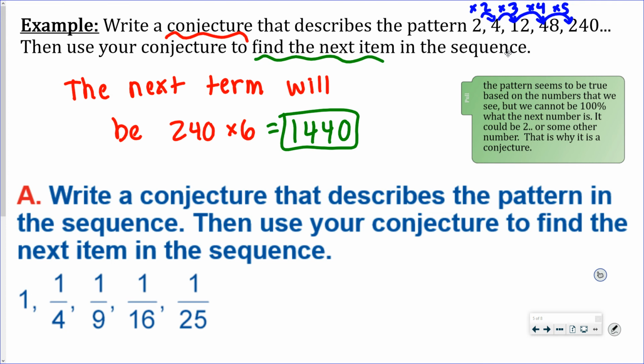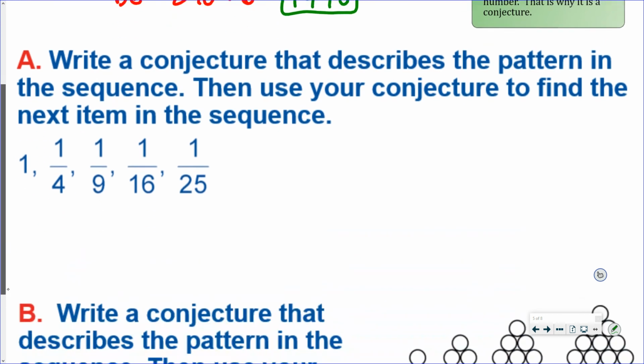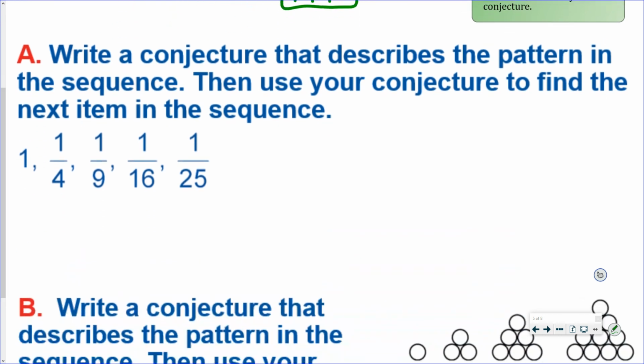Okay, any questions so far? All right, I'm going to let you guys try this one. It's a little bit harder. Write a conjecture that describes a pattern in the sequence 1, 1/4, 1/9, 1/16, 1/25.